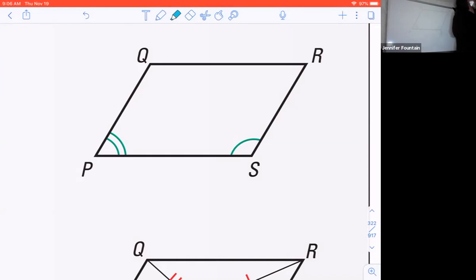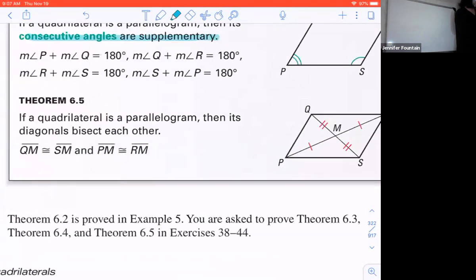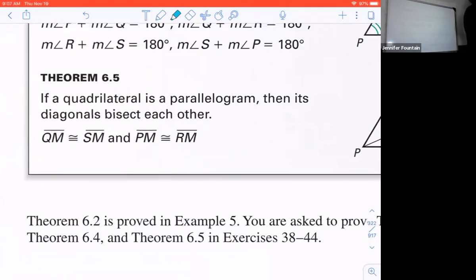Two pairs of opposite sides are congruent. Opposite angles are congruent. Interior angles that are consecutive are supplementary. The next thing is, if a quadrilateral is a parallelogram, then its diagonals bisect each other.